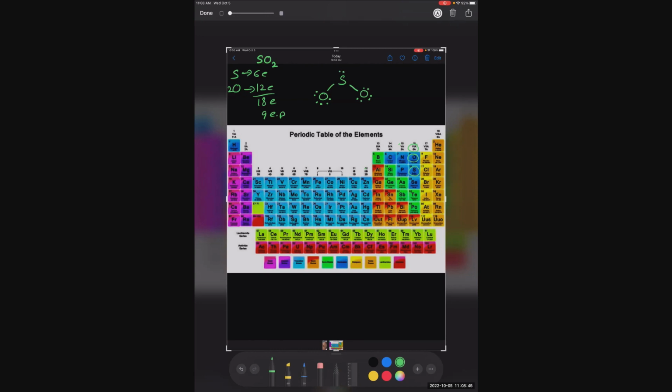Now we see that we have an octet of electrons around oxygen because 3 lone pairs and 1 bonding electron pair means 4 electron pairs altogether, meaning 8 electrons. But around sulfur, we have 1 lone pair and 2 bonding electron pairs, meaning only 3 electron pairs. That means 6 electrons. We need to delocalize a lone pair from oxygen.